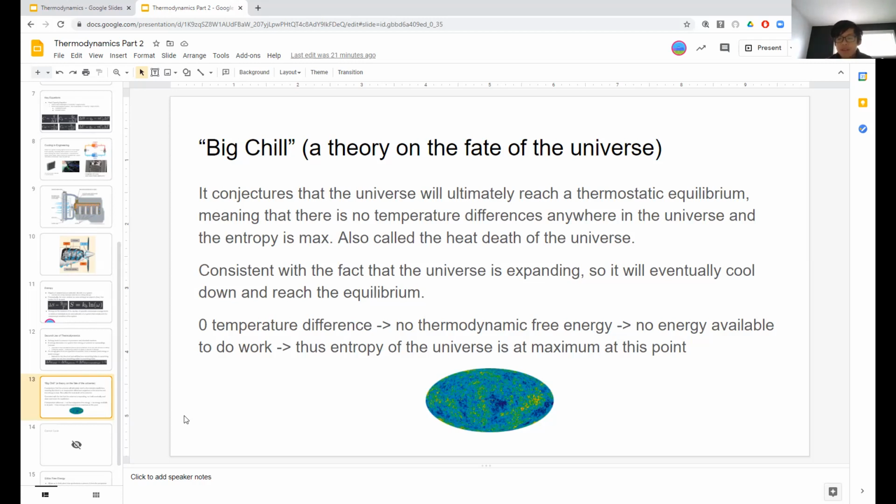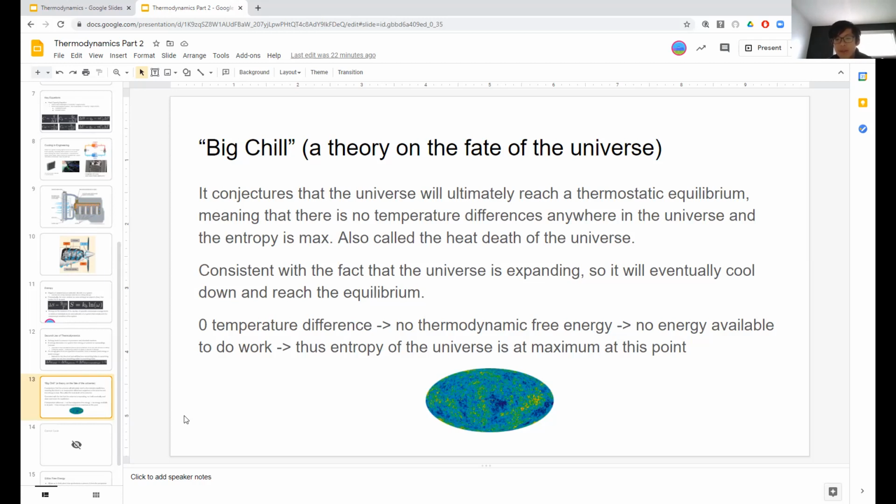This theory is consistent with the fact that the universe is expanding. As the universe expands, it will eventually cool down and reach the equilibrium, because as it expands, there's more space out there, and what is called dark energy will take up more percentage of the entire universe. So what's left will be reaching the thermostatic equilibrium.